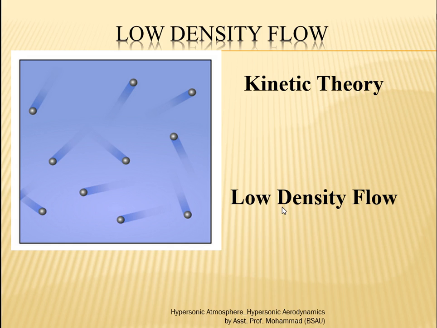So an individual effect is felt there, and that individual effect must be accounted for, and this cannot be done by the continuum assumption. So we go for the kinetic theory.